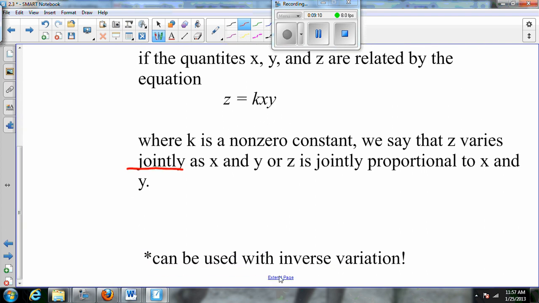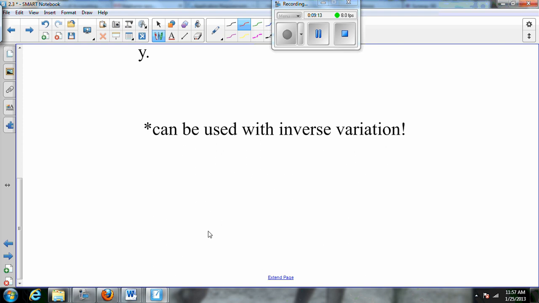It can also be used with inverse variation. We could have it arranged so that z equals k, which is our constant. K is our constant in all of these. So z equals kx over y.